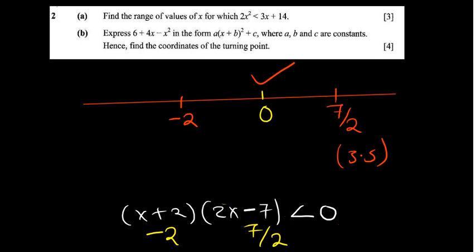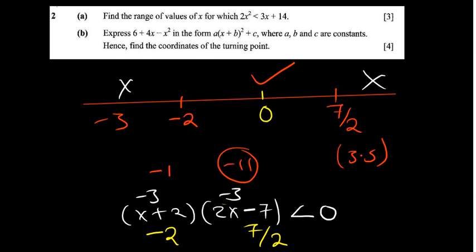In most cases when that is true, all these other parts are going to refuse. Let's still try them out. A number less than negative 2 would be negative 3, for example. If we bring a negative 3 into both brackets, for the first bracket I'm going to get negative 1, and then here negative 3 times 2 is negative 6 minus 7, I'm going to get negative 11. So I have negative and negative, and negative times negative gives us a positive.